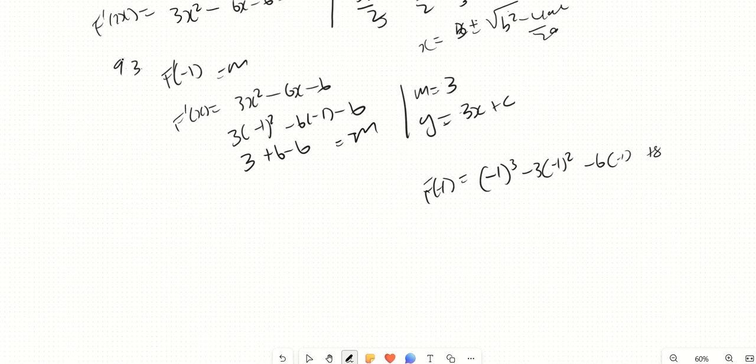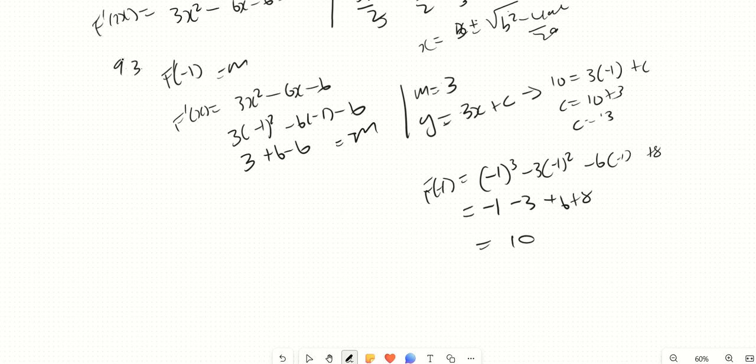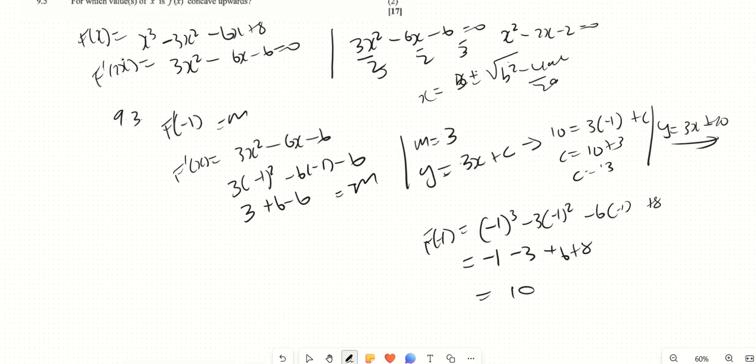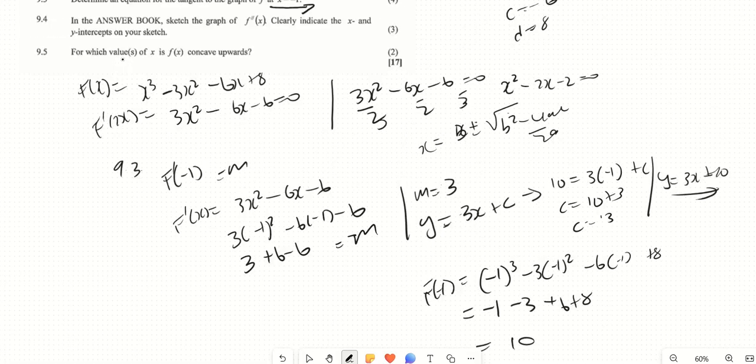So I'm going to have minus 1 minus 3 plus 6 plus 8, which gives me 10. So I'm going to say from this, 10 equals 3 into negative 1 plus c. So c equals 10 plus 3, then c equals 13. Then my equation is y equals 3x plus 13. That's the equation of the tangent.